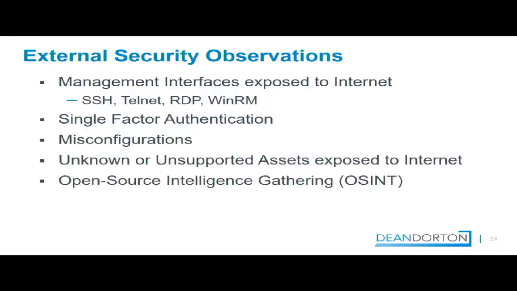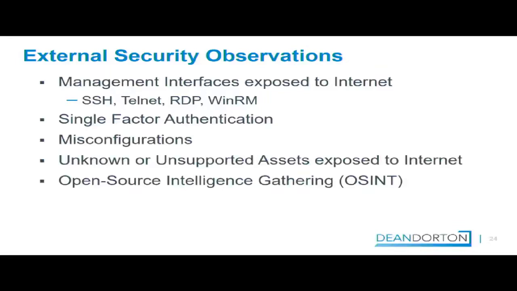We also see a lot of misconfigurations. So these are systems that are put in either internet-facing inadvertently, or they're not scanned and checked for vulnerabilities and have a checklist to make sure that they're not introducing vulnerabilities to the internet-facing environment. Also unknown or unsupported assets exposed to the internet.